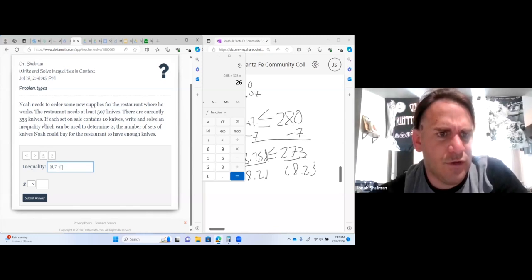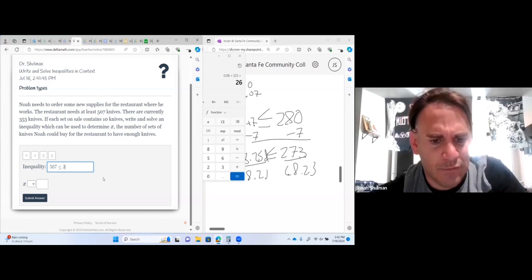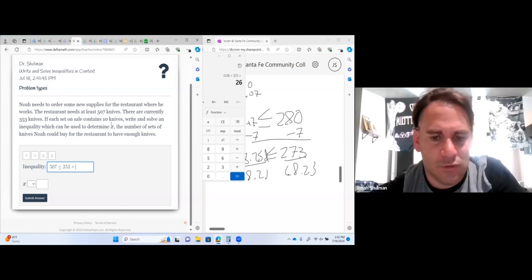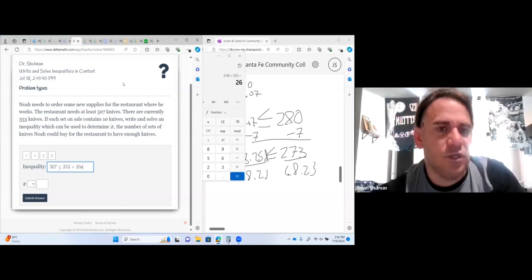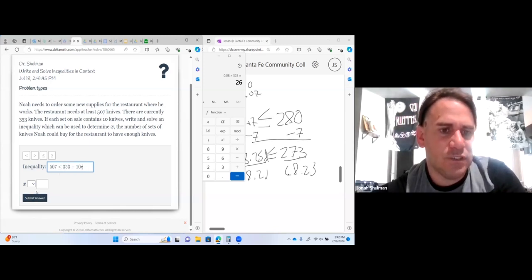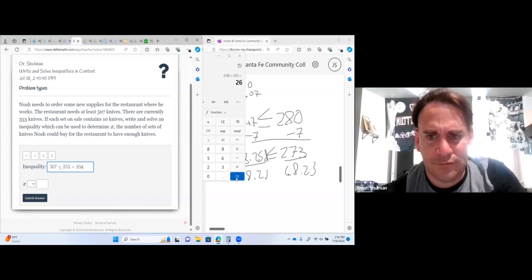There are currently 353 knives, so we already have 353 plus whatever else we need. Each set is 10 knives, so 10x. So 507 is less than or equal to the knives we have, plus 10 times each set, and then we solve.